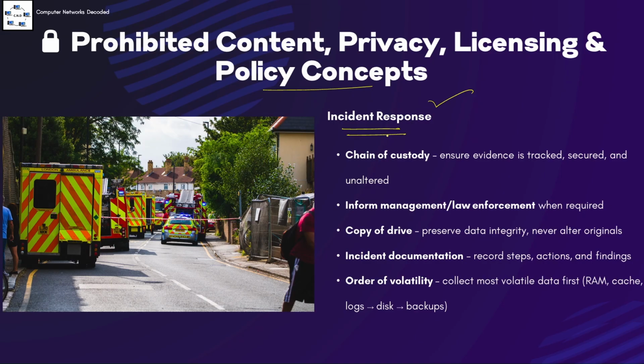Incident response should have the chain of custody, which ensures that the evidence is tracked, secured, and unaltered. Next is information management and law: inform the management or law enforcement if required. Copy the drive, so this preserves data integrity, and never alter the original.